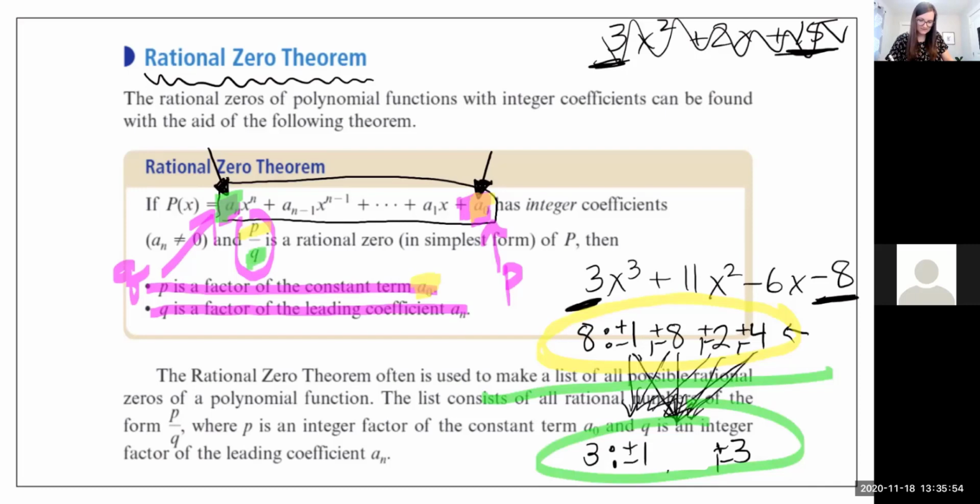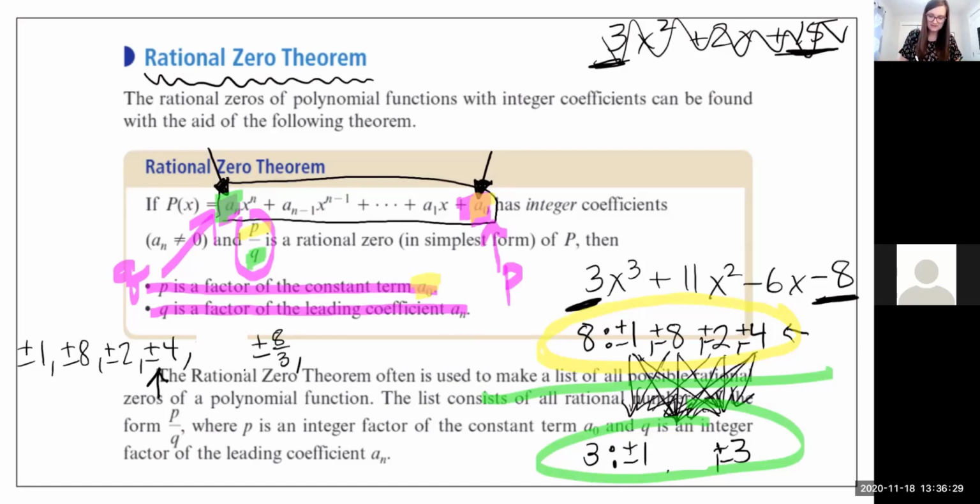And then any of these over 3, plus or minus. I know that's messy, but you would write them out and you'd say, okay, well, I can have plus or minus 1, plus or minus 8, plus or minus 2, plus or minus 4. Those are all over 1. Plus or minus 8 over 3. And then you keep going.